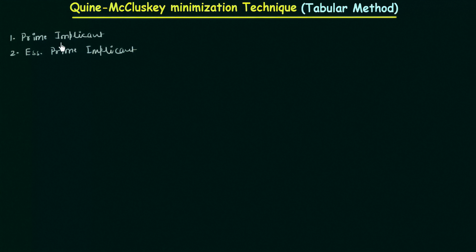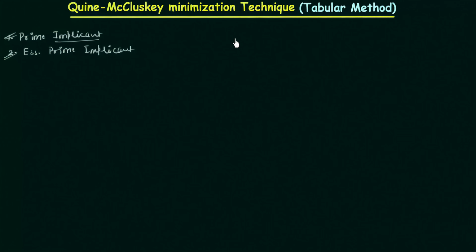An implicant is nothing but a group of ones, and a prime implicant is the largest possible group of ones. An essential prime implicant is a prime implicant having at least one minterm that cannot be combined in any other way. So this is all that you should know about prime implicants and essential prime implicants before moving to the tabular method. We will take one example to understand all the steps involved in the tabular method.